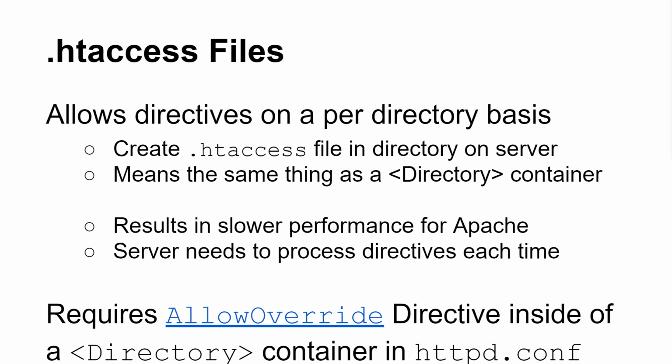So it's a good option. It's modular, especially for content creators, but just know that it does mean a little bit of a performance hit, as Apache needs to check every single directory to make sure that there isn't an htaccess file that it needs to append additional options or directives in as it goes through.